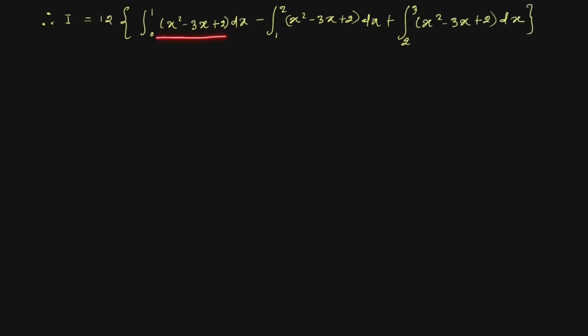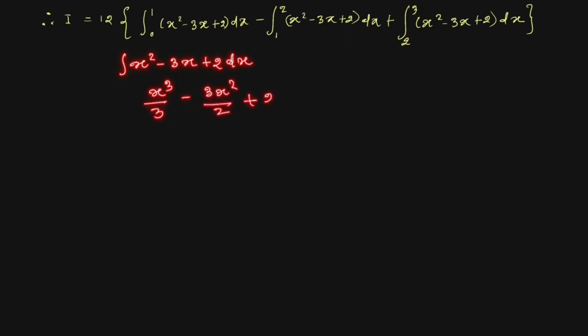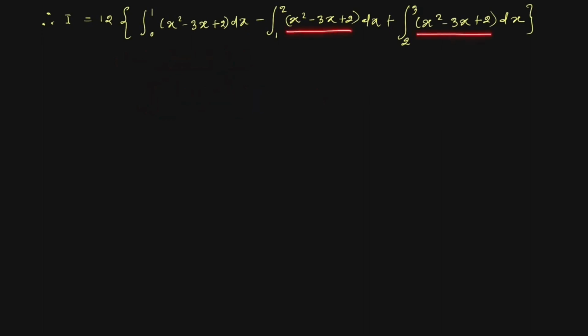If you integrate this, that is integration of x square minus 3x plus 2 dx, you will get x cubed by 3 minus 3x square by 2 plus 2x plus c. Similarly, integration of this and this are also same, only the limit is different.